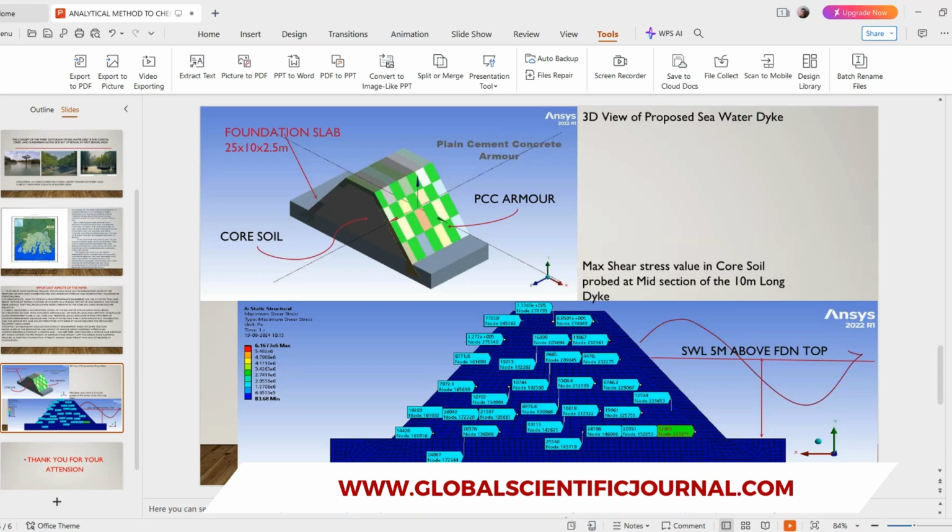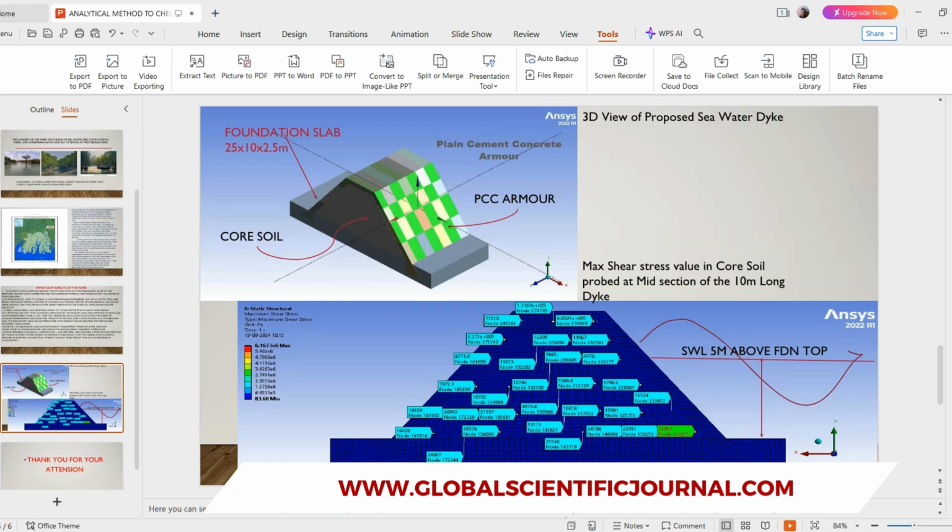This section shows the maximum shear stress value in the core soil probed at mid section. The total length is 10 meter, and I have taken a section at the middle portion of the 10 meter long dike and probed the maximum shear stress value which we got in the ANSYS Workbench results.